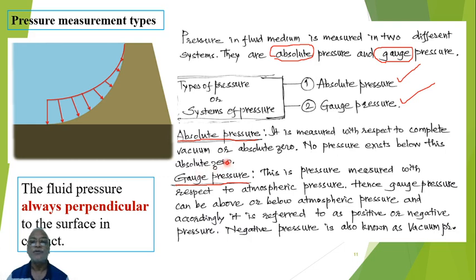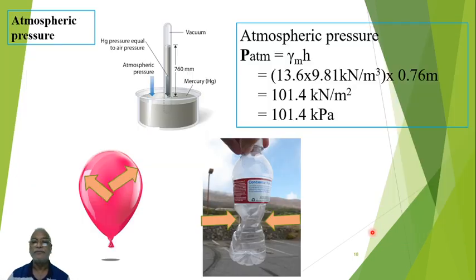Absolute zero. What it means is, if you have a container like in the earlier slide, and there is air present in this. Now if you take out a little amount of air, if you suck out air, what happens is this crushes. Now if you go on taking out the air, and completely vacate it, so that there is no air left, then inside it is known as absolute vacuum, or there is nothing inside.